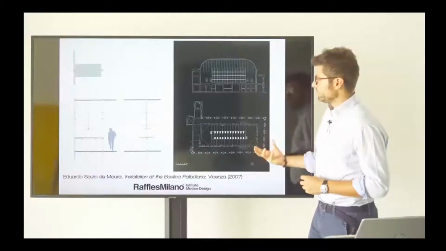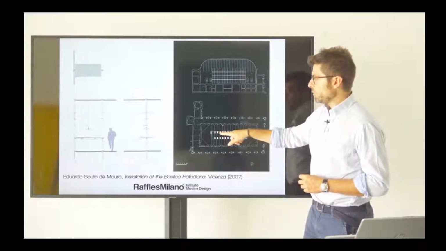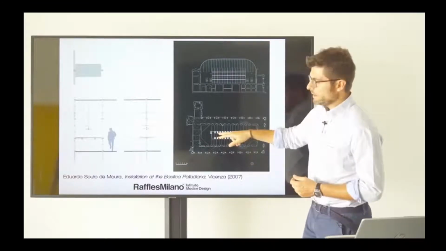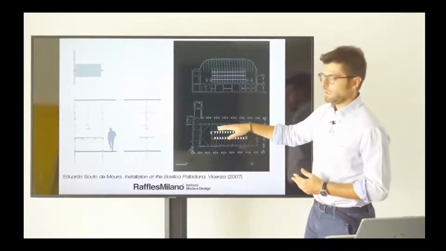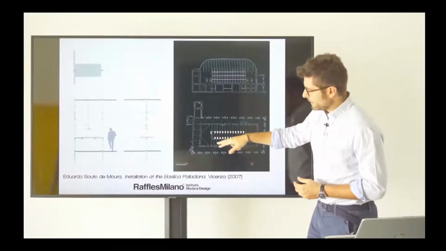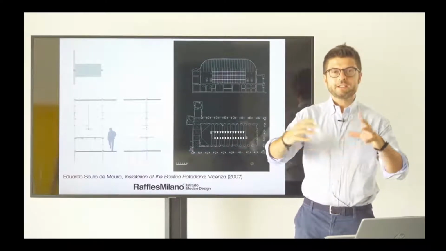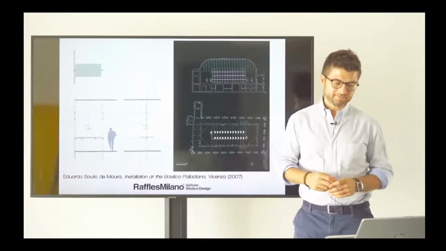How are the volumes organized inside the space? Here we have a module that is always repeated, so the module is the same, and the rhythm is always the same as well. So the space is organized in this way, and is closed by another series of walls that create a sort of incorporated room inside the space.